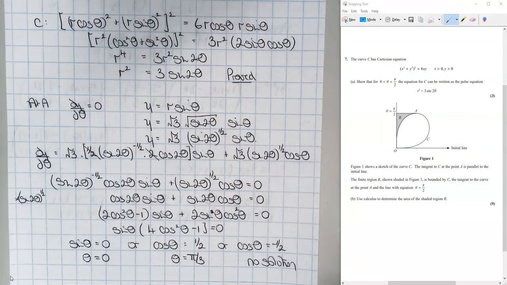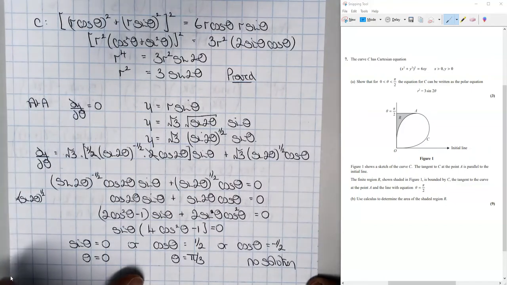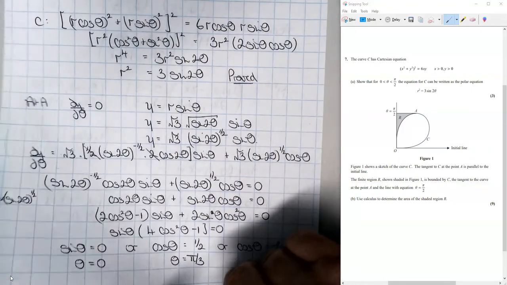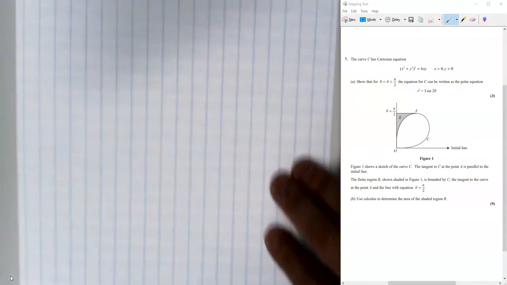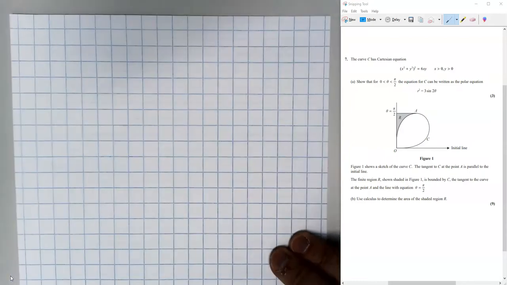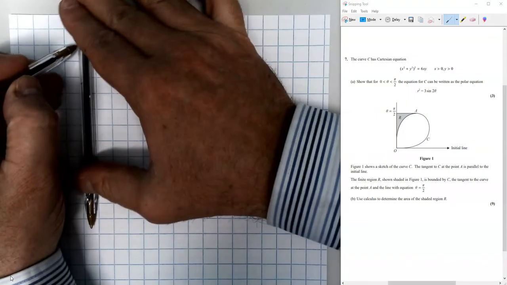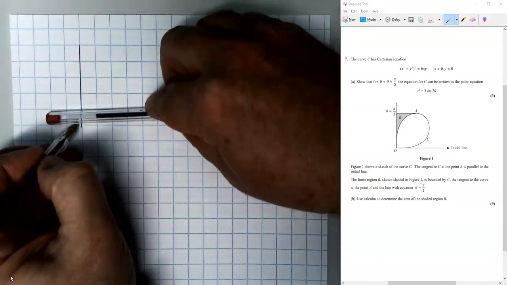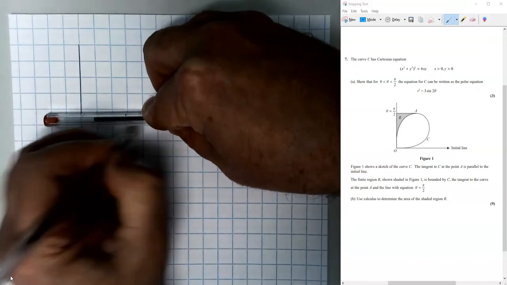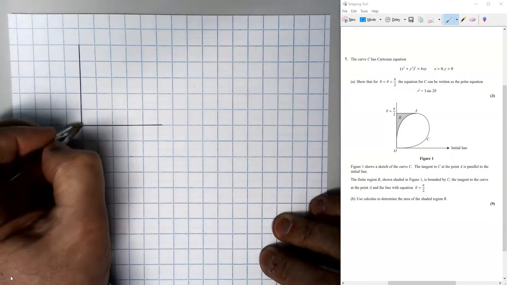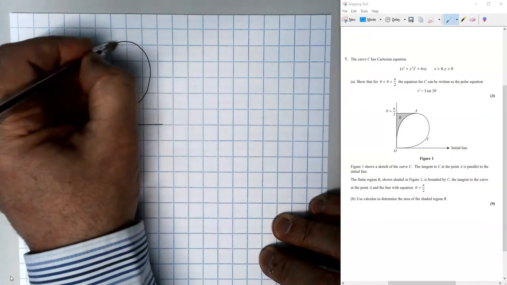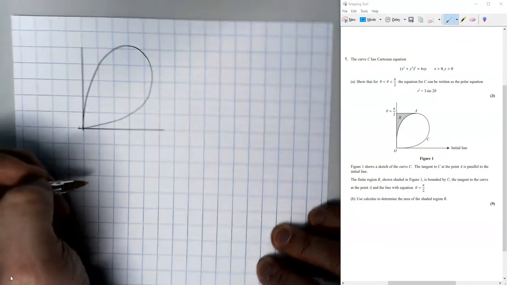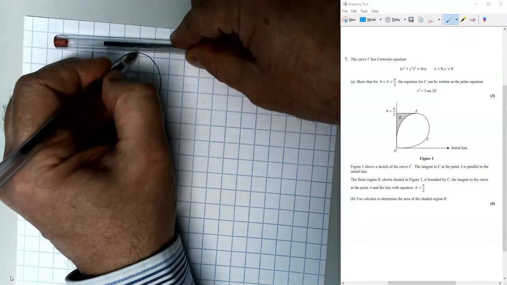Okay, so what we're trying to do after all that. So I found theta, so let's go back to do a separate page. Let's do another diagram. Beautiful diagram. Alright, so I'm interested at the top here.